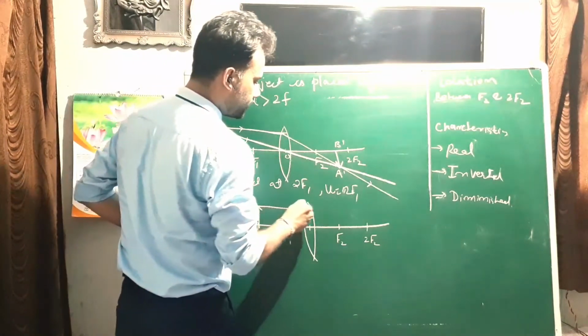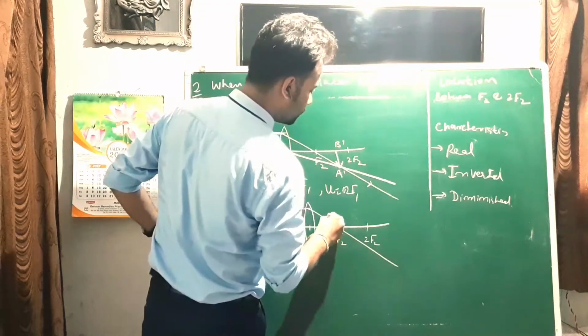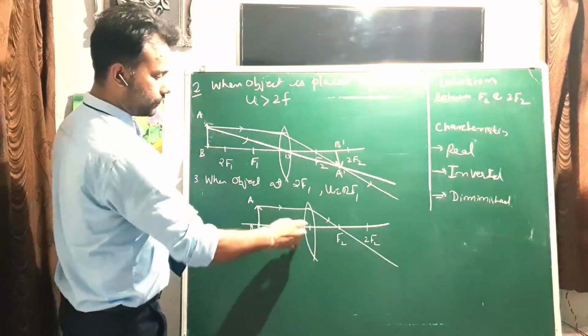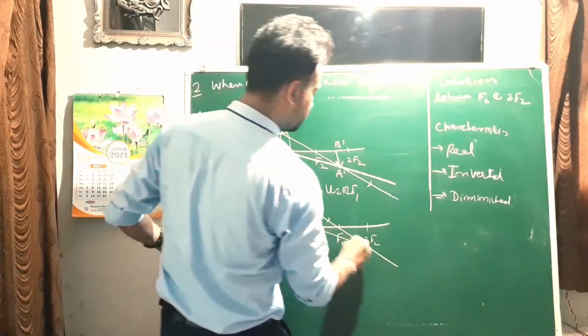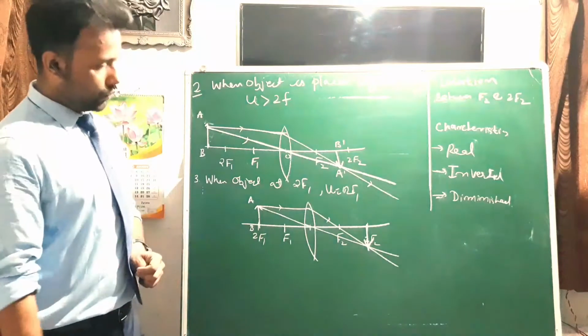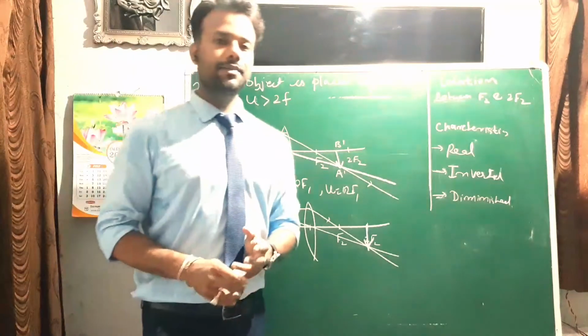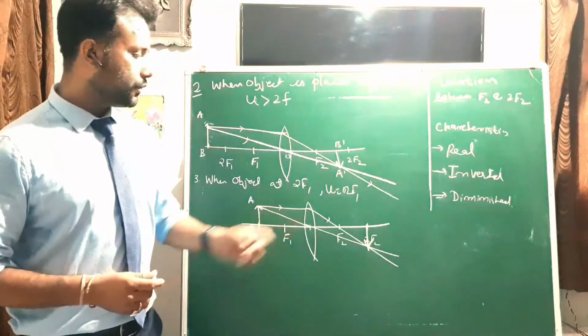First ray parallel to the principal axis passes through the focus. Second ray from the optical center. You can see here it is intersecting at exactly 2F2. So when the object is placed at 2F1, the image will be formed at 2F2.